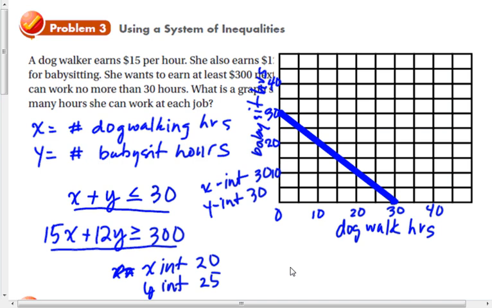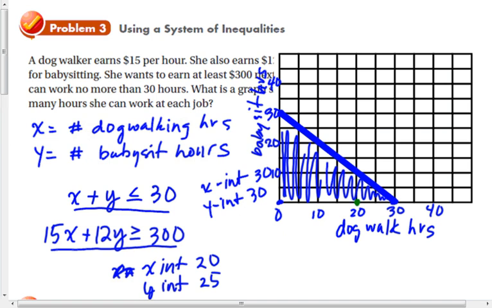And since it's less than or equal to 30, this point here, 0, 0 would work, right? Because 0 plus 0 is 0, and that's less than or equal to 30, so we need to shade below. Now, I don't need to shade into the negatives because my number of hours of working will always be a positive number.